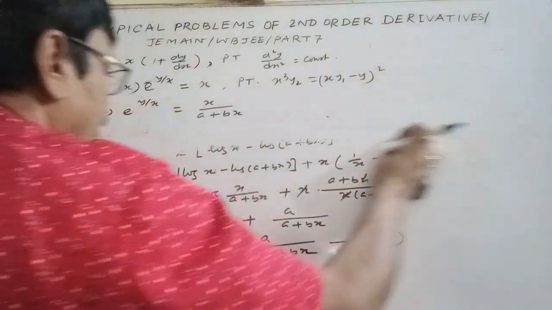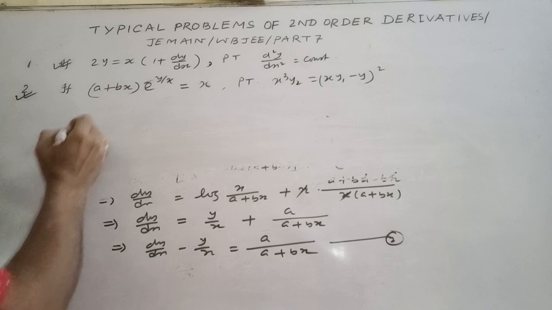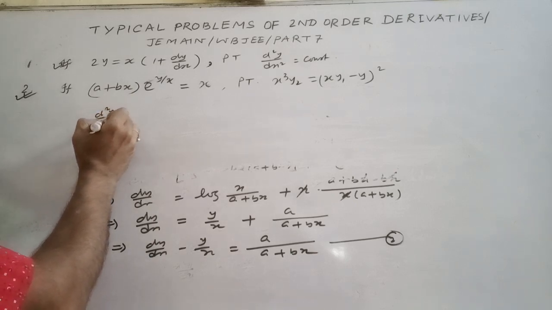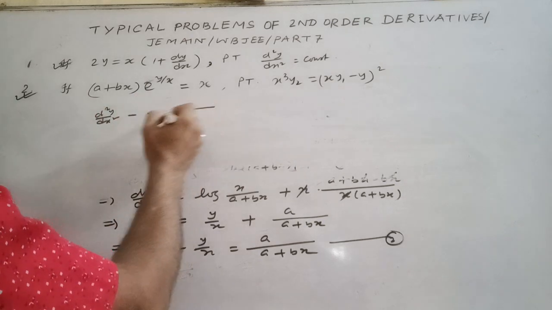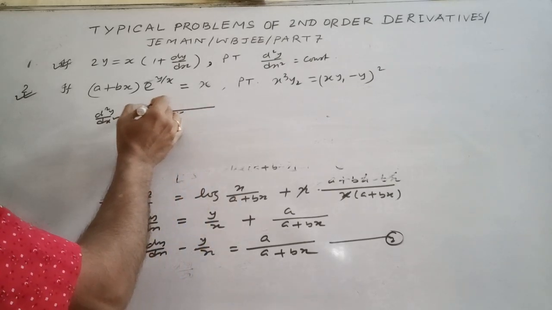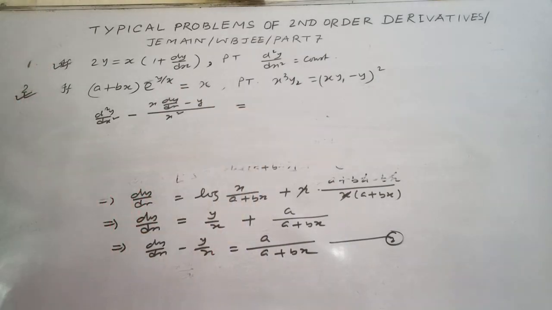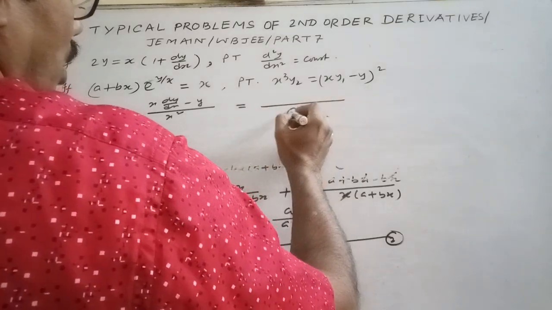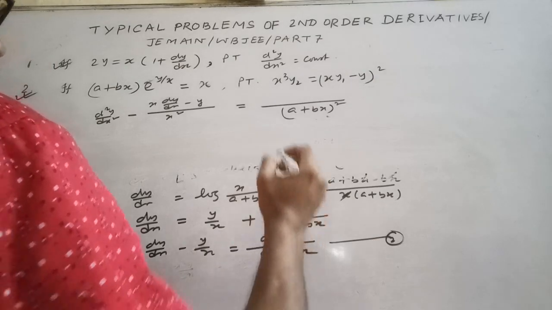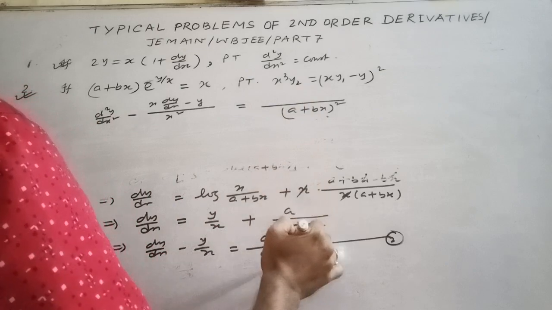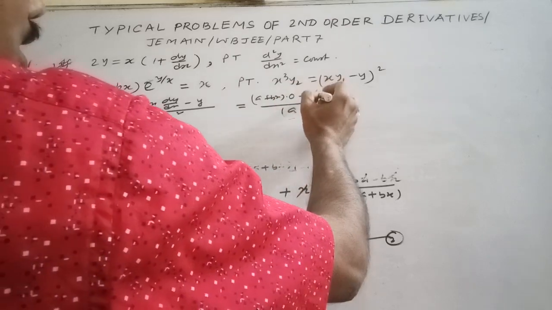Now differentiating again: d²y/dx² minus (x into dy/dx minus y into 1) by x² equals the derivative of a by a plus bx, which is (a plus bx) into 0 minus a into b, by (a plus bx) whole square.